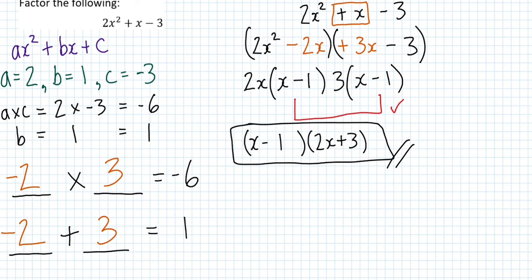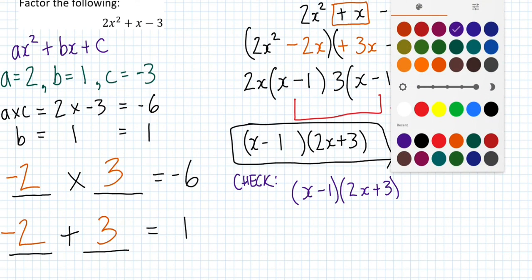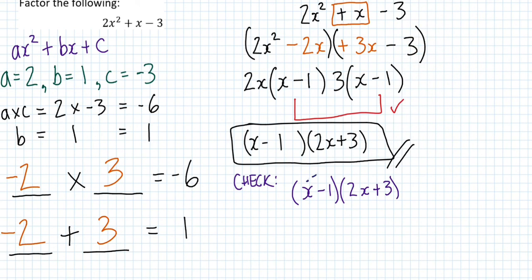Okay, now, how do we check and make sure we got the right answer? We expand back out. So I'll write check. Okay, so x minus 1, 2x plus 3. If we multiply x times 2x, that'll give us 2x squared.